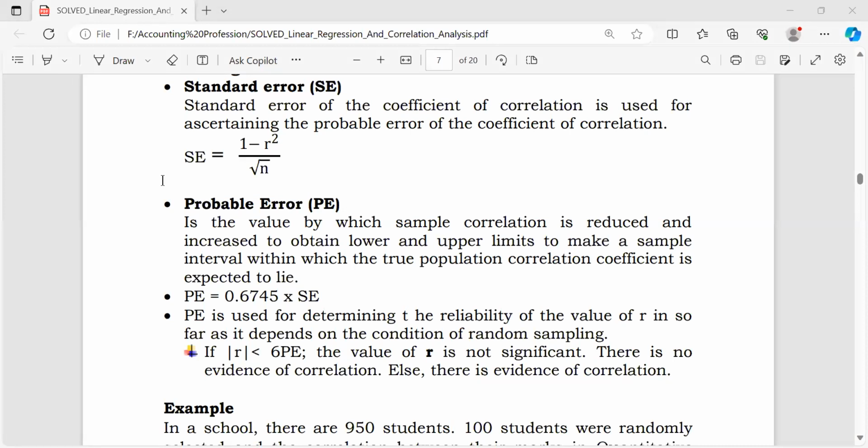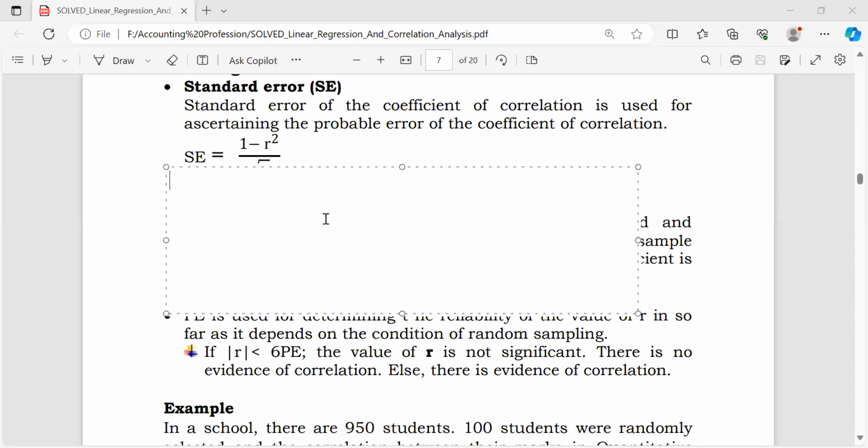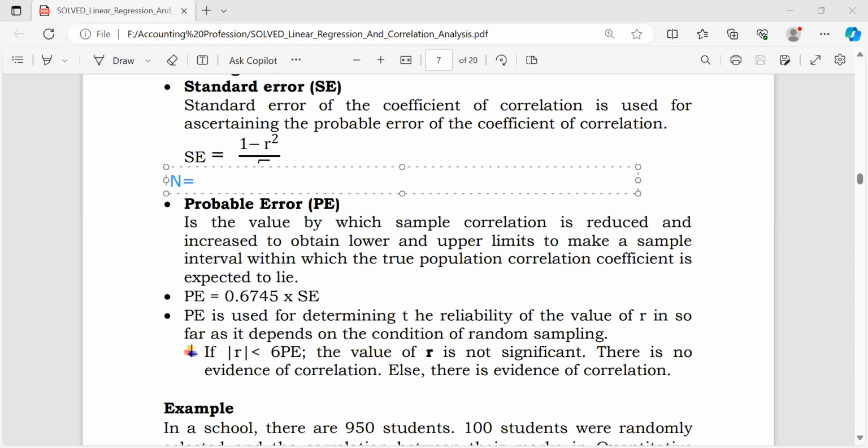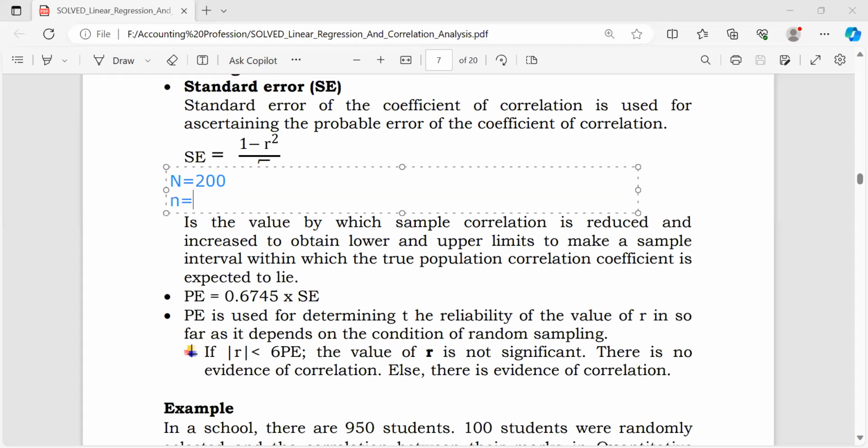What I do mean is presume that you have the population. Let's say you have the population of 200 items, but maybe you have taken the sample of only 20 items. Now, it's difficult to use all the items of the population to obtain the correlation coefficient.